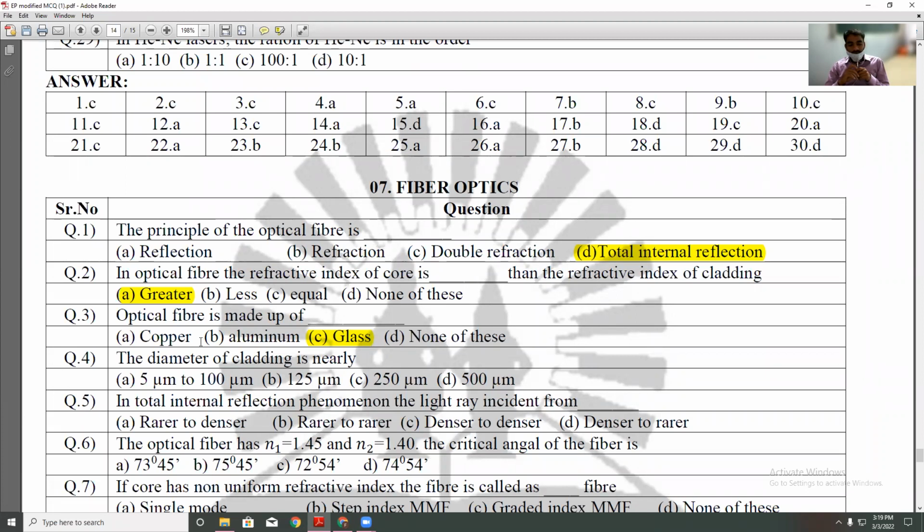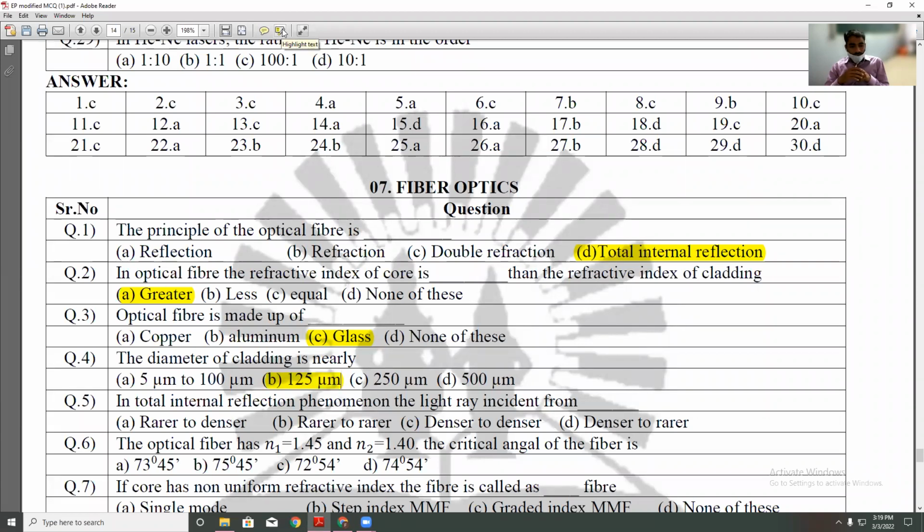Already we had discussed the structure of the optical fiber. In the cross-sectional view of the optical fiber, the diameter of the cladding region is 125 micrometer. Good.